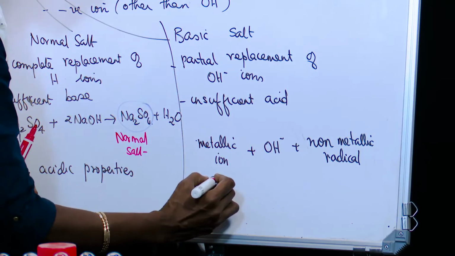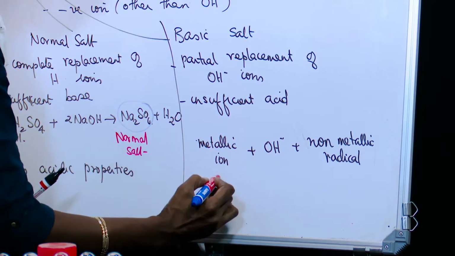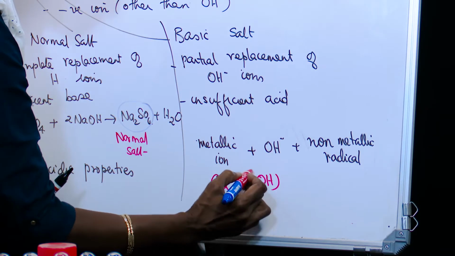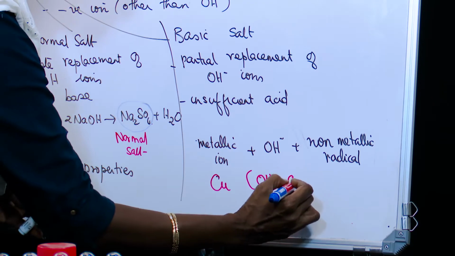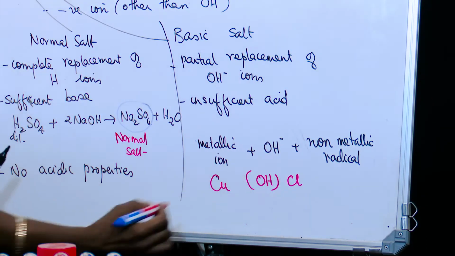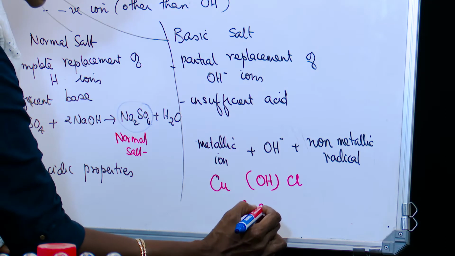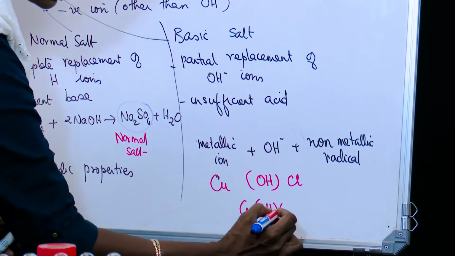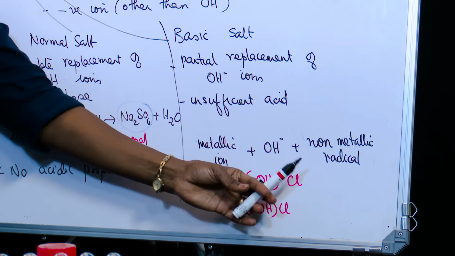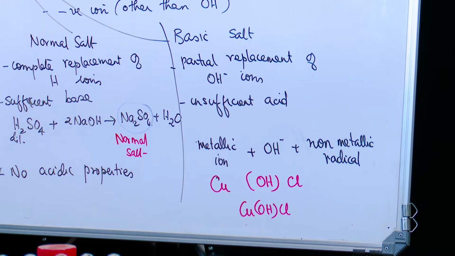For example, if we have copper and here you have one hydroxyl and then there is a chloride, copper hydroxychloride. So this we write as copper hydroxychloride. Similarly, copper hydroxynitrate. These are basic salts.